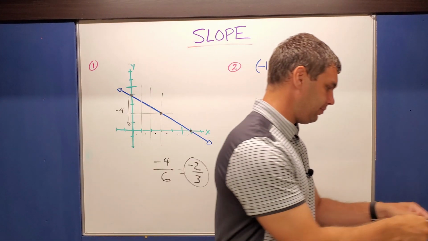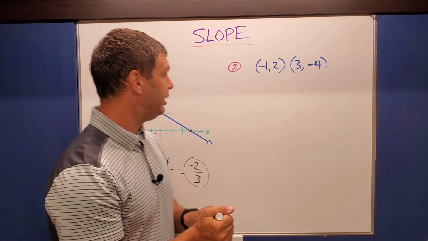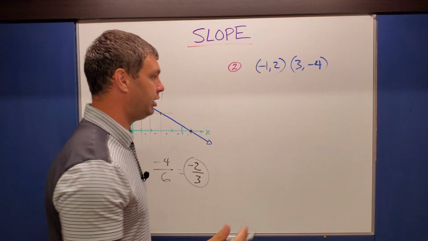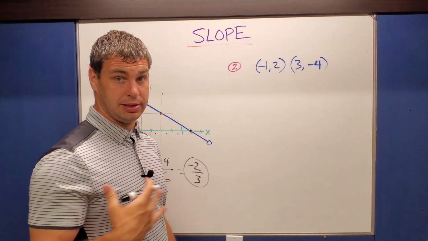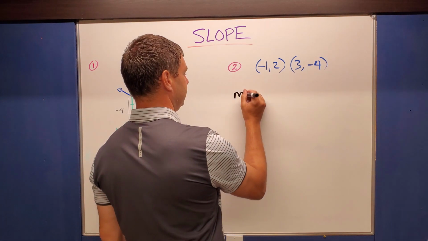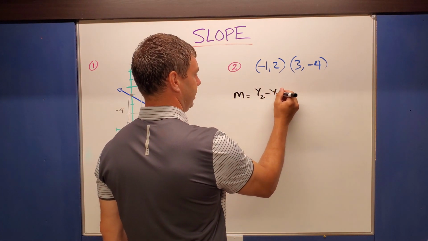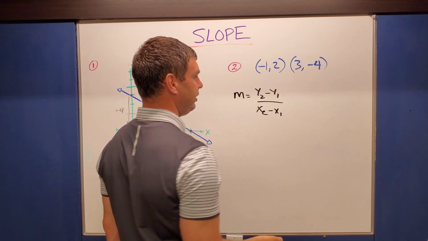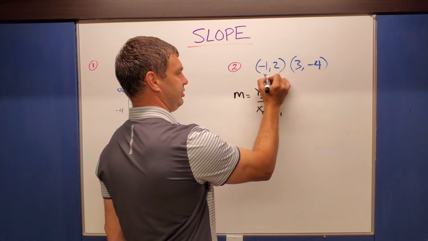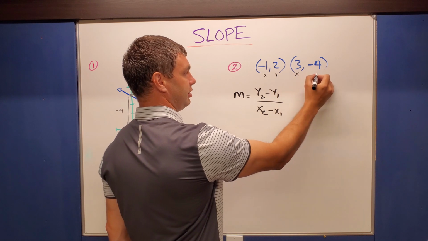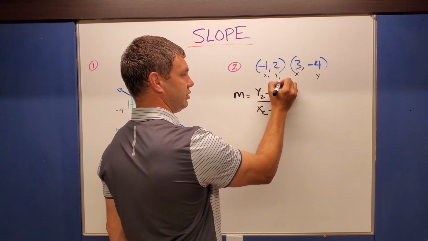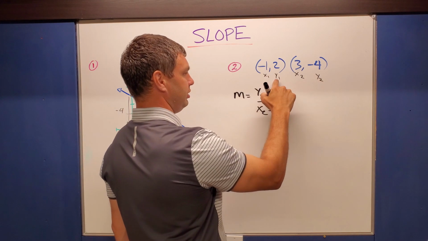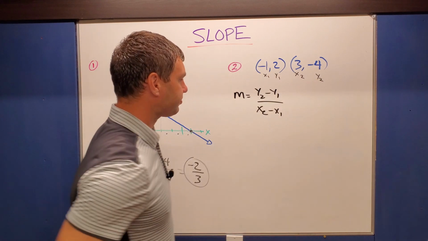For the second one, I give you two different points: (-1, 2) and (3, -4). I'm going to go back to the slope formula, which is y2 minus y1 over x2 minus x1. If I label these, x1, y1, x2, y2, eventually you won't have to label them anymore.